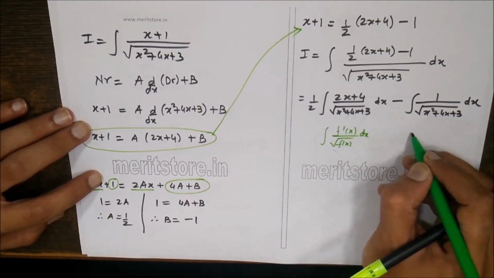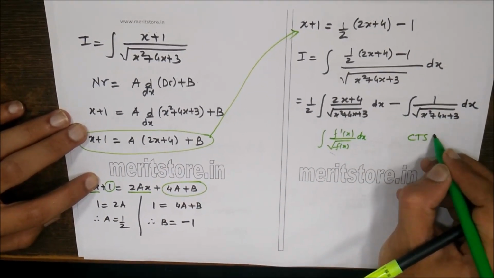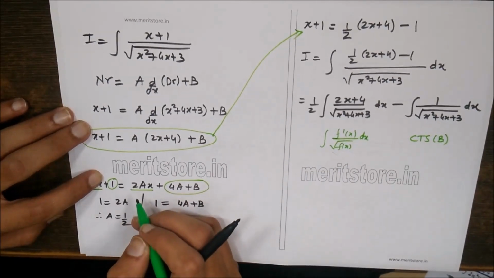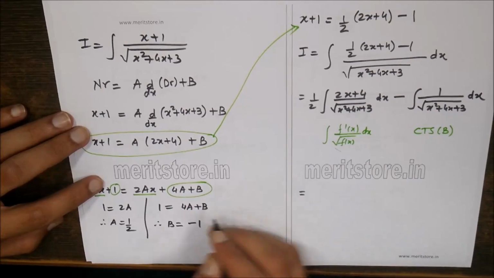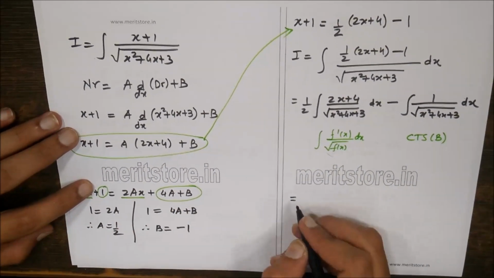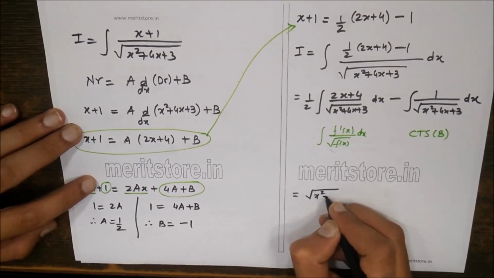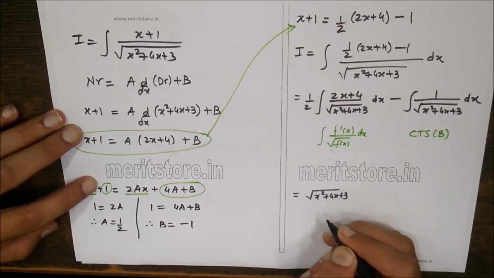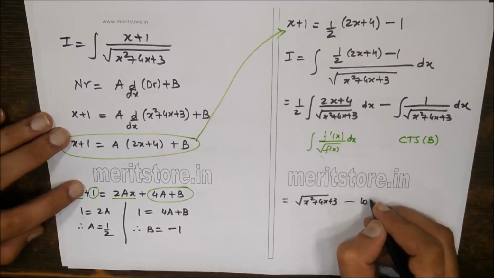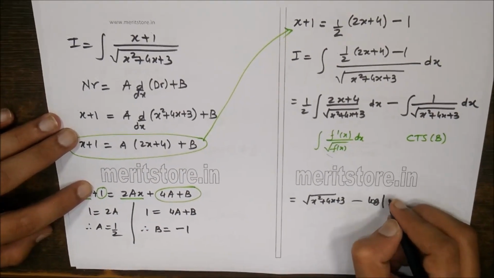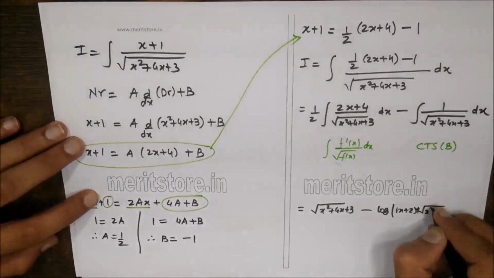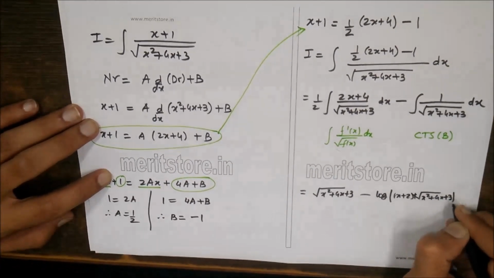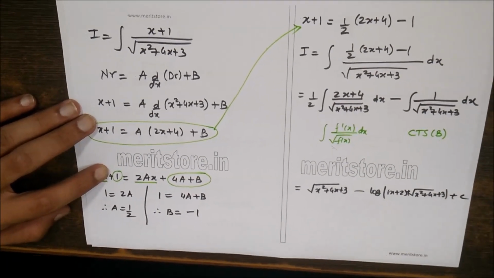And observe, this is the category of CTS B, which we learned previously. Applying the respective formulas, the last step will convert to root of x square plus 4x plus 3 minus log mod x plus 2 plus root of x square plus 4x plus 3 plus c.